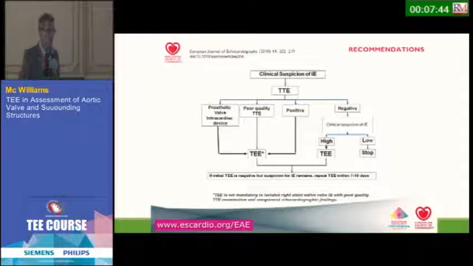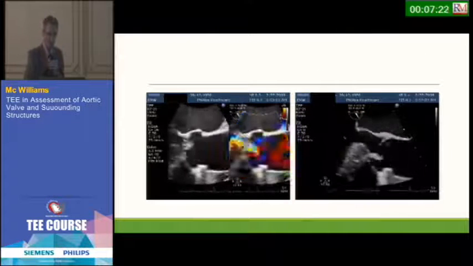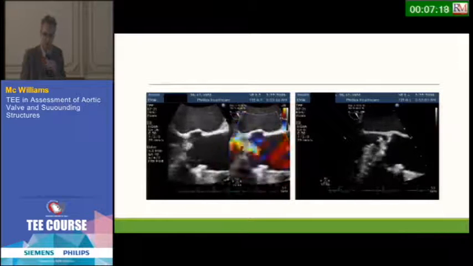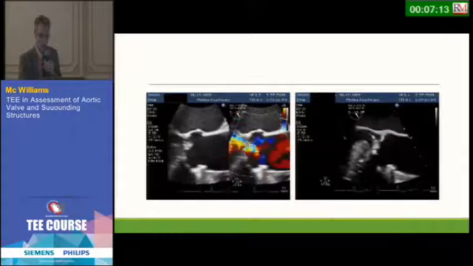And again, just to remind you, the European guidelines say if your initial TEE is negative, but you still have a high suspicion of endocarditis, particularly with an organism that has a high predilection to cause endocarditis, like staph, for example, you might want to repeat that transesophageal echo within 7 to 10 days. This is just to show you vegetations on the aortic valve with valvular destruction, and very often what we see is mobile echo densities.